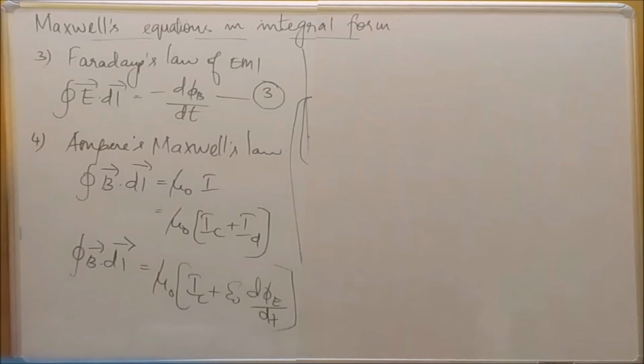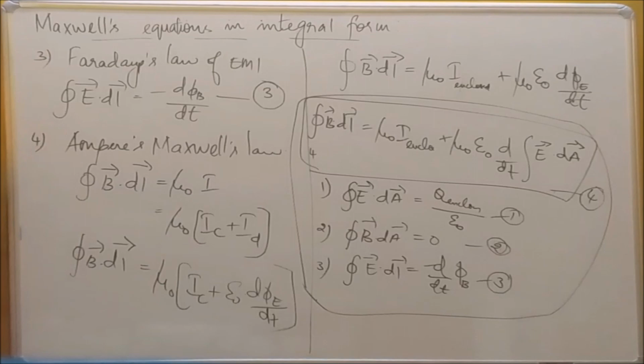Mu naught is common, so we can multiply on both sides. Then the equation becomes the integral of B vector dot dl vector is equal to mu naught into I C, where I C is the enclosed current, plus mu naught epsilon naught d phi E by dt. This phi is the electric flux.